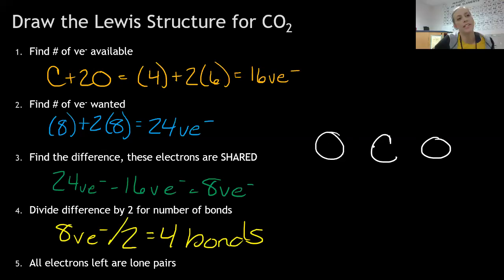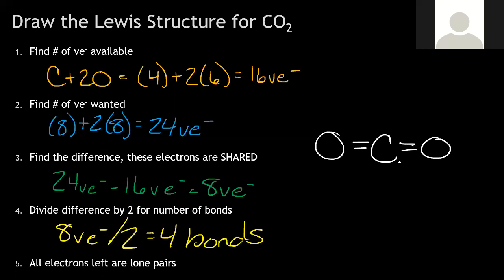It could be left, right, or it could be top, bottom, either one. Go ahead. And because there's 4 bonds, you're going to have double bonds because there's only 2 atoms of O. And then the lone pairs are going to be on the oxygens. Yes, so how many lone pairs do I do? 2 on the bottom and then 2 on the top, and then the same for the other oxygen.